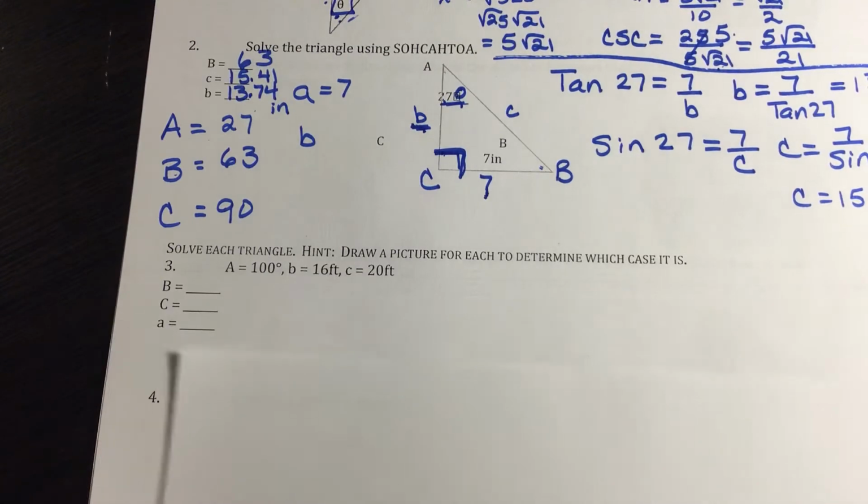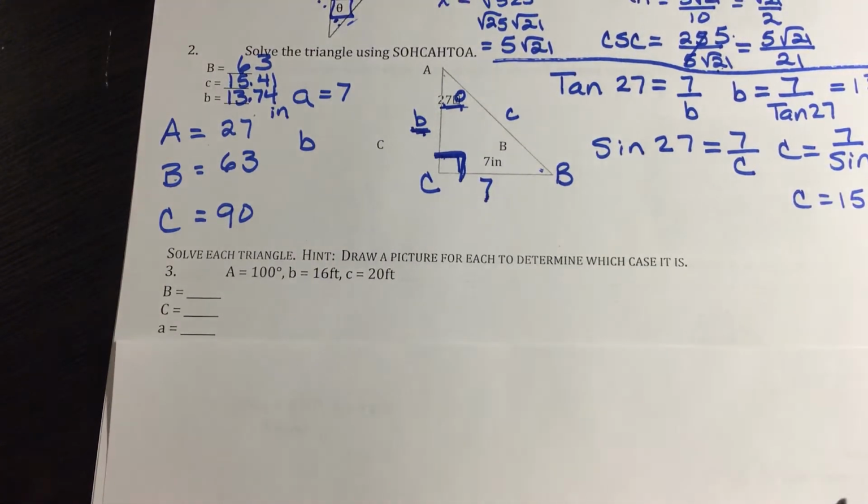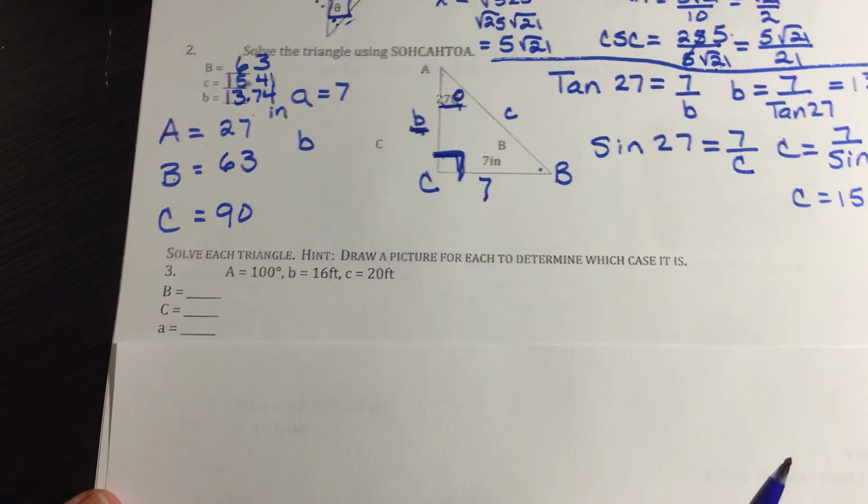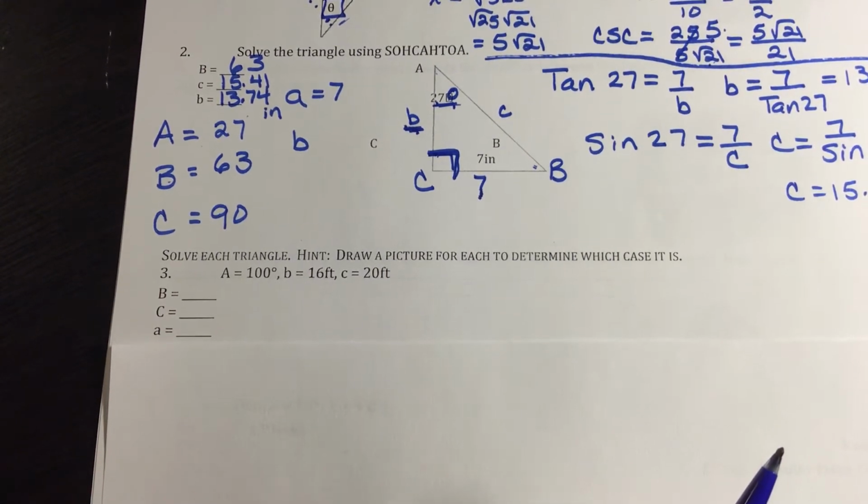On number 3, I don't have a whole lot of space here, and it says to draw a picture to determine which case it is, but I need to solve for the triangle. It's not a right triangle.